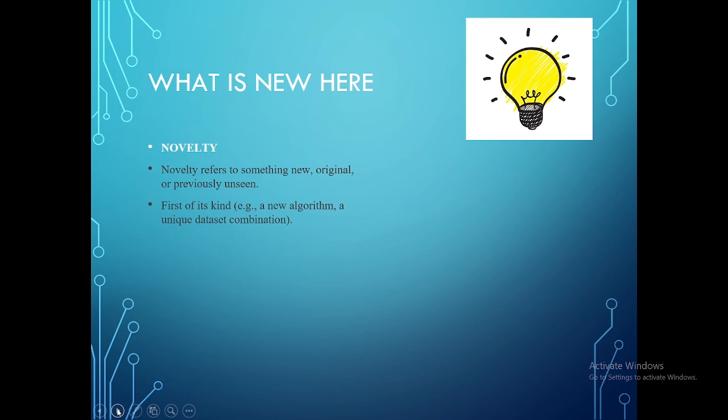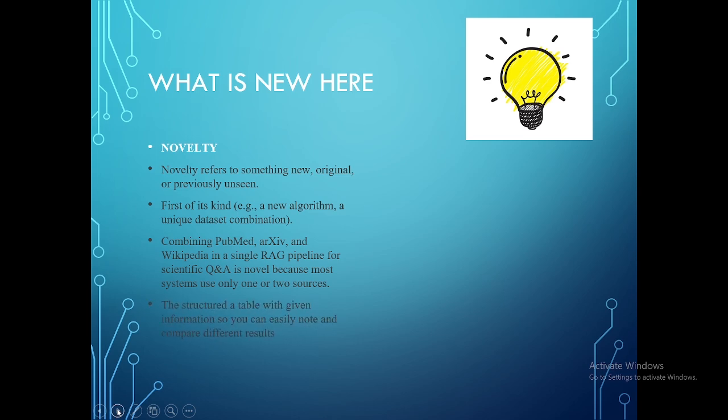It could be a new algorithm, or a unique dataset combination, like in this case, where I have gathered three different web pages in a single RAG pipeline. The systems I have seen before use one or two resources, one or two web pages, but this one not only gathers these three websites but also fetches articles and then gives you the outcome in a structured table or in a PDF or CSV format, whatever you want.